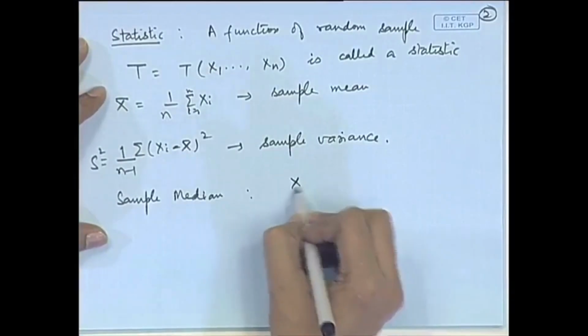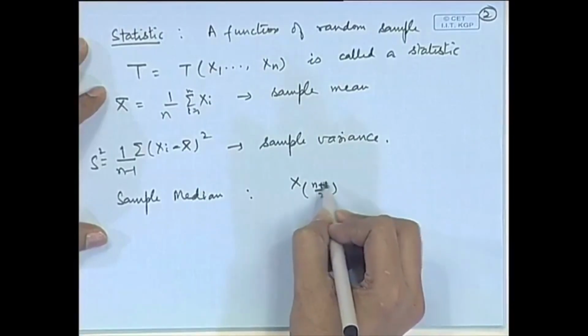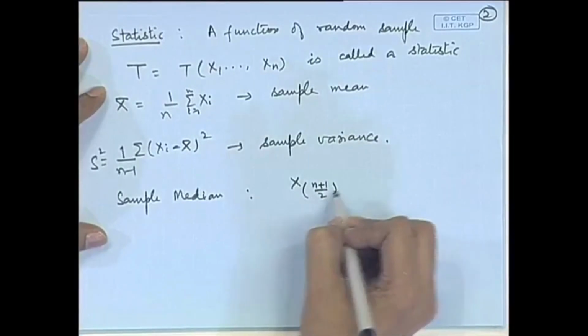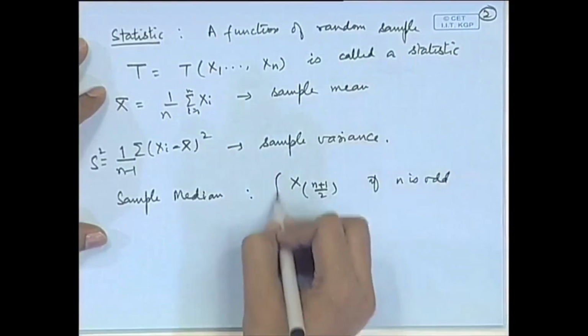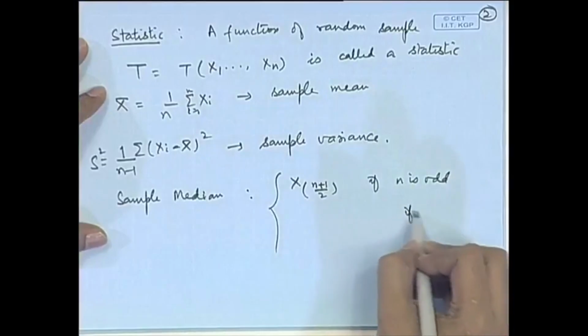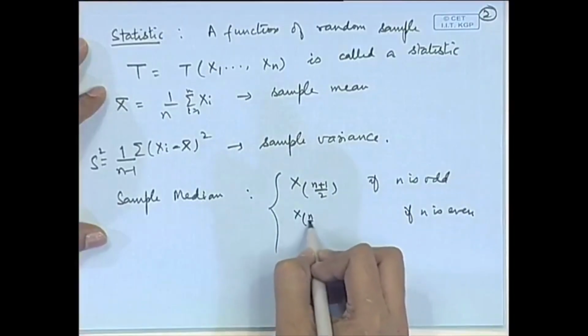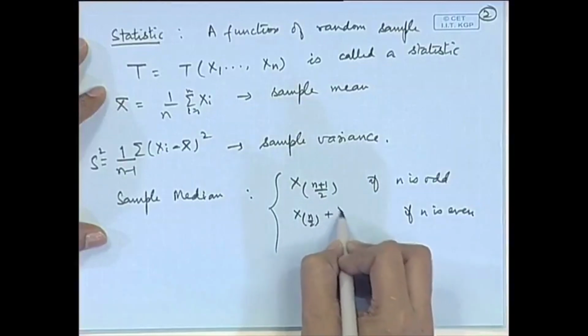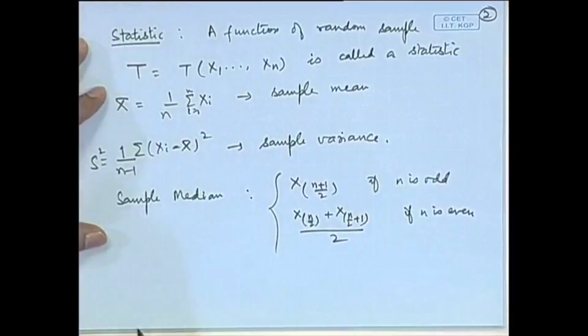The sample median we may define to be the (n plus 1) by 2 th order statistic if n is odd, that is the middle order statistic. If n is even, then we may take the mean of the middle two, that is X(n by 2) plus X(n by 2 plus 1), divided by 2.